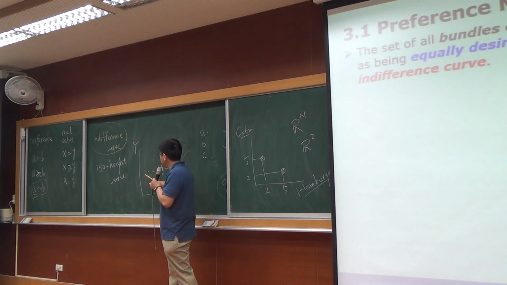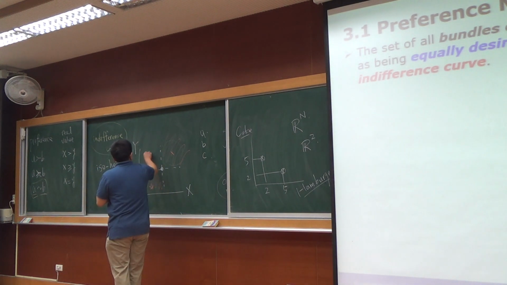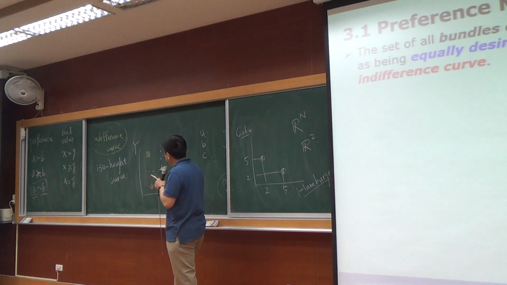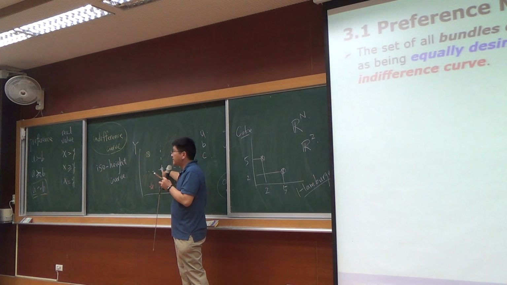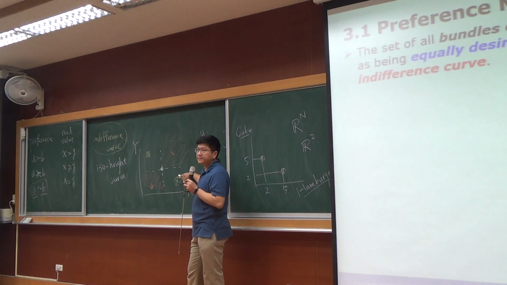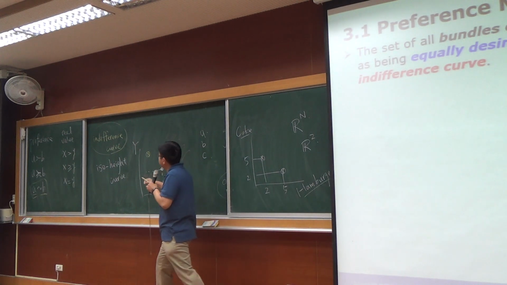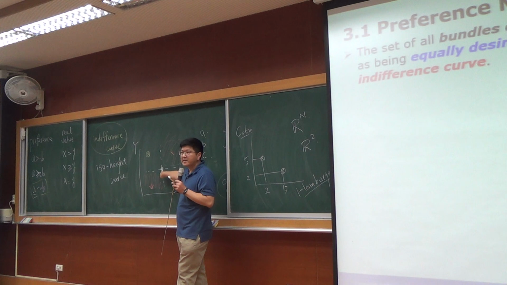They just cannot be indifferent. So only points in this region and points in this region can be indifferent to this point. They are candidates to be on the same indifference curve with this one. Is that clear?